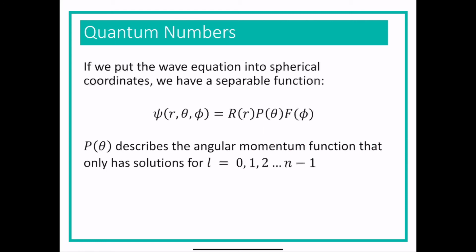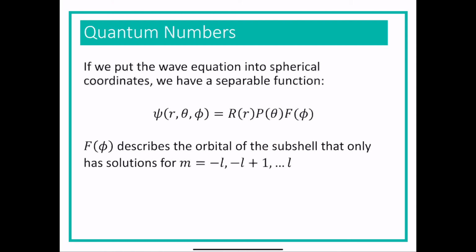And I'm not even going into what equation that is that's getting solved, but it only has solutions for values of L equals 0, 1, 2, up to n minus 1. So if n equals 1, then you can only have L equals 0 for that particular thing. You can't come up with any other L values that will work because it depends on the value of n.